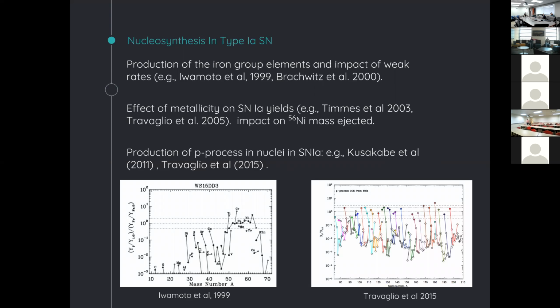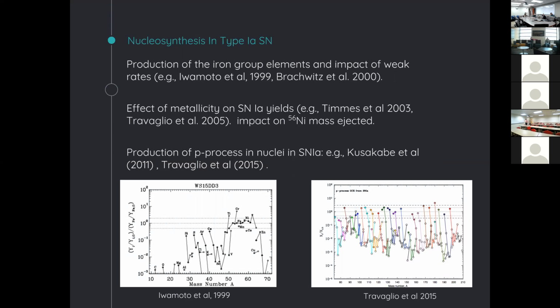Got Timmes here, 2003, Travaglio, 2005. This impacts the mass of nickel-56 that you eject from your supernova, and therefore, of course, affects the light curve that you have. So, an important consideration there for distance scale, standard candles, and things such as that.